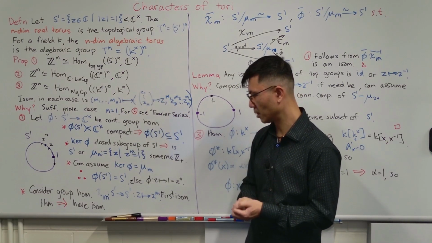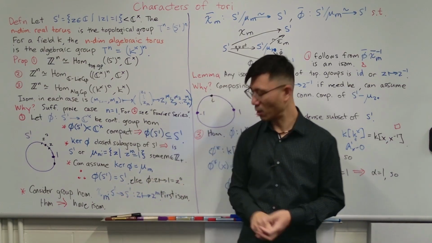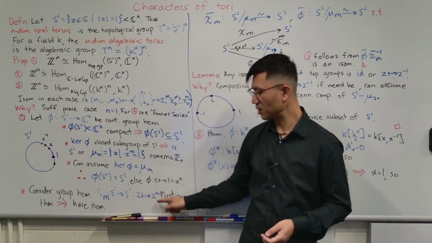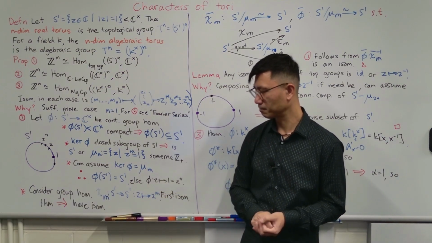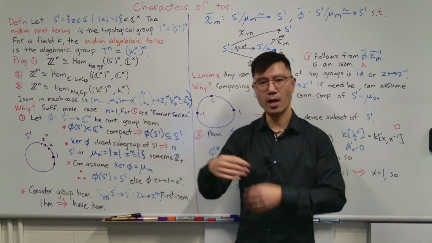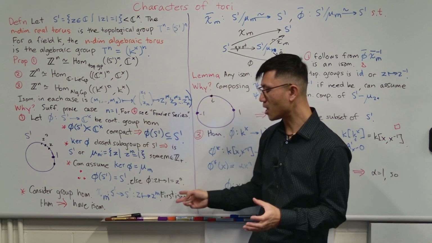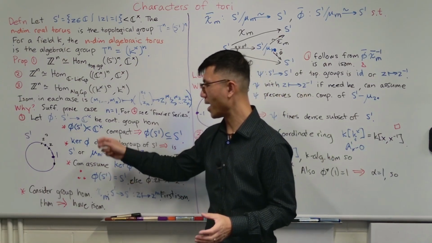I'm going to let chi m denote the map from S1 to S1 which just raises z to its mth power, z to the m. And we're going to compare this chi m to this phi and show how similar they are. We're going to apply the first isomorphism theorem to both chi m and phi.